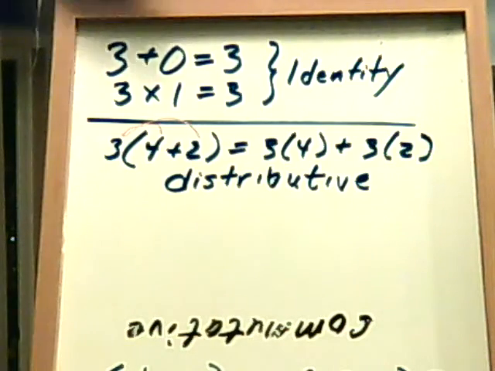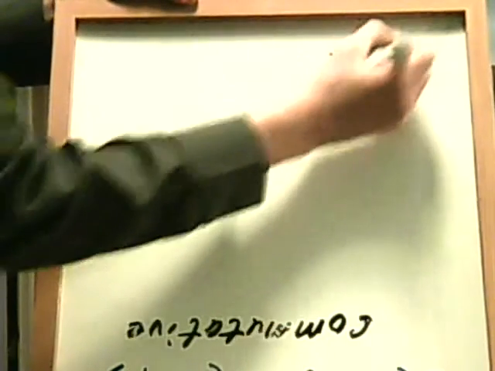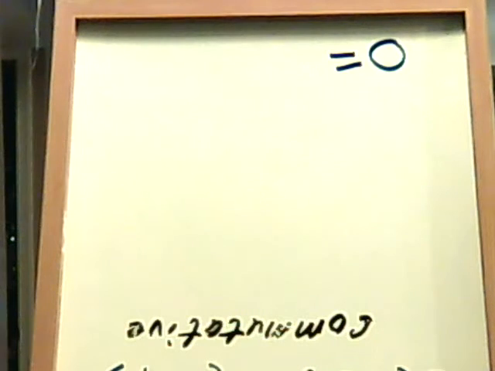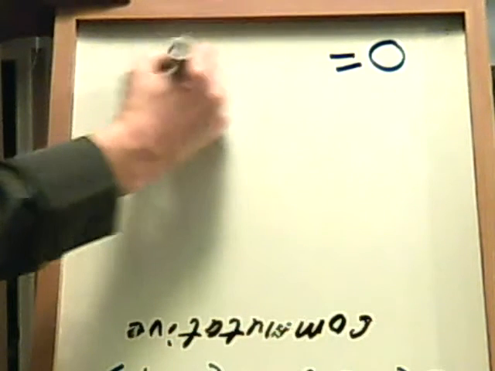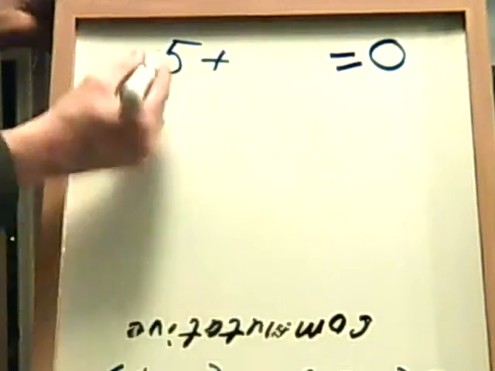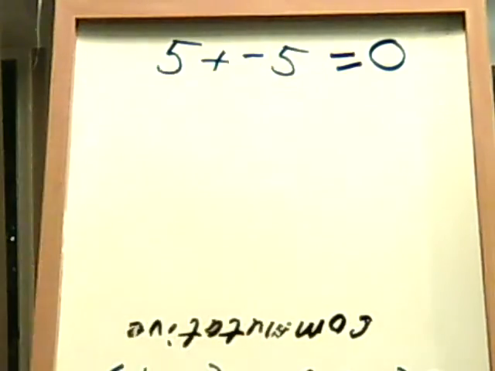The last one, which I couldn't fit on here, so I'll just write it very quickly, is additive inverse. The neat thing with additive inverse is that it equals 0. So that's always a dead giveaway. You take a number, 5, and you add to it the opposite, which is negative 5. So 5 plus a negative 5 equals 0.